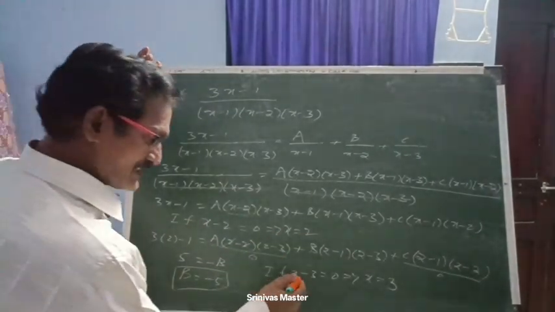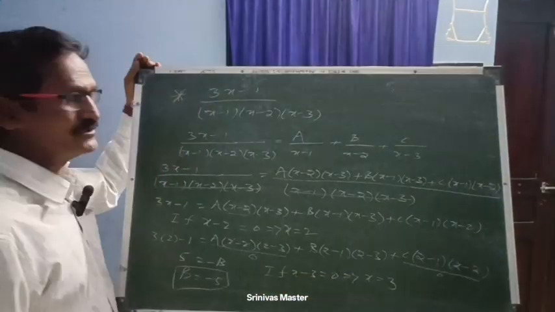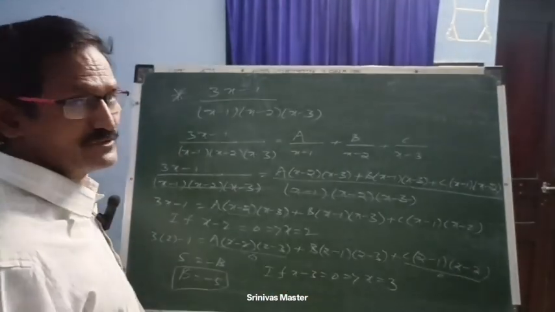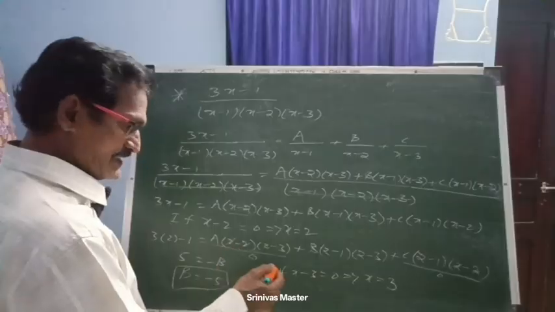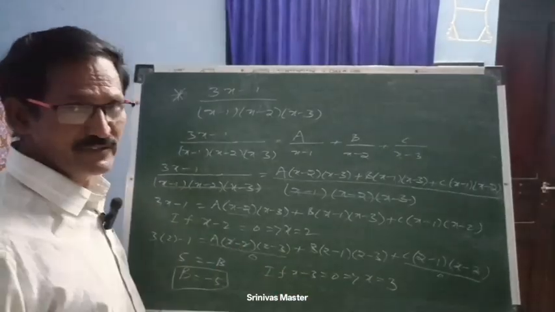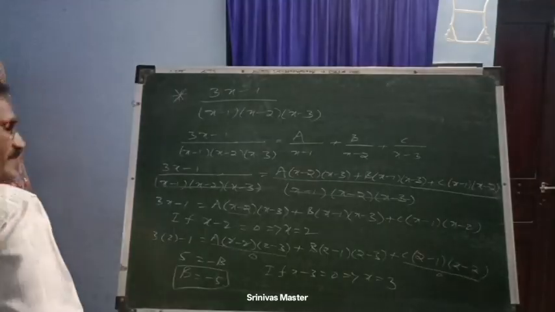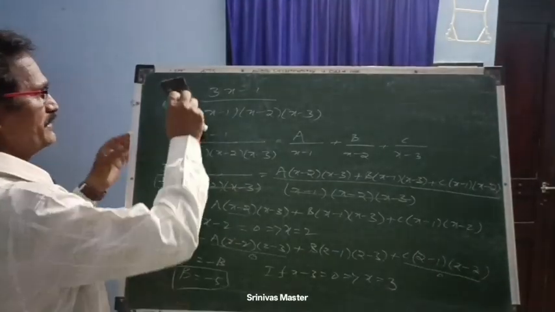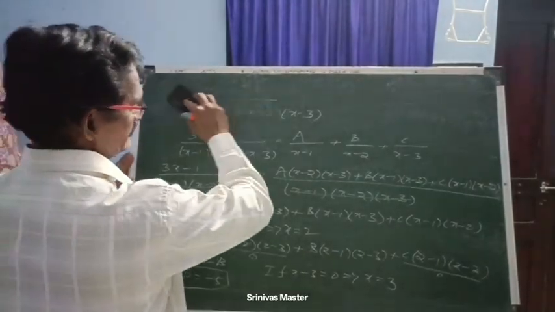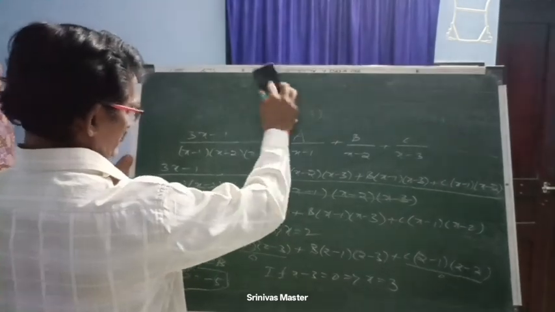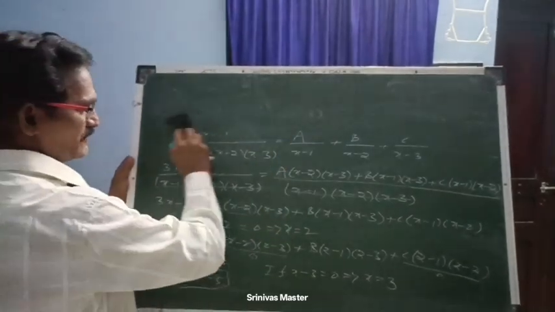Here x minus 3 equal to 0, then x is equal to 3. That means what we have to do, wherever x is there, in that place what we have to substitute? 3 you have to substitute. See, if you substitute, what will happen, you can see. This is partial fractions, we can remember that.